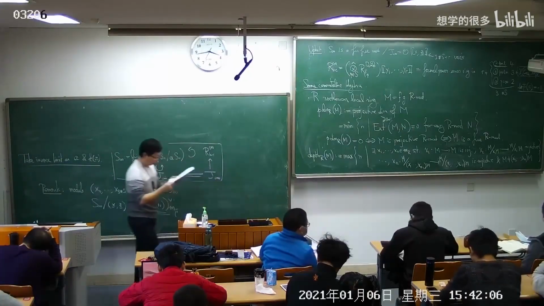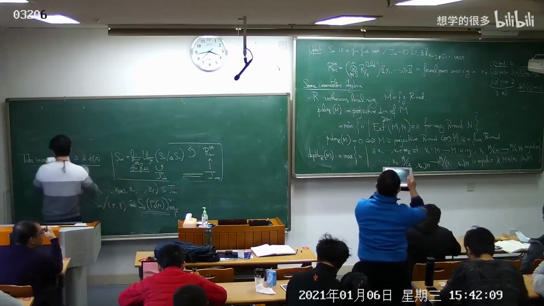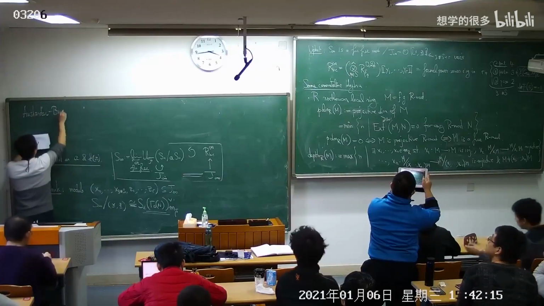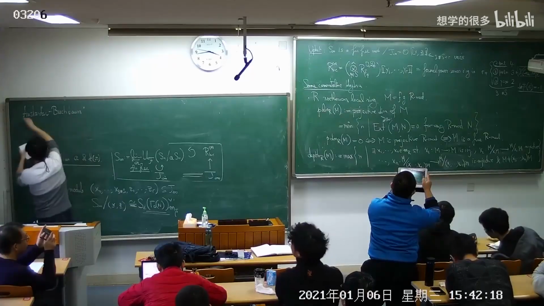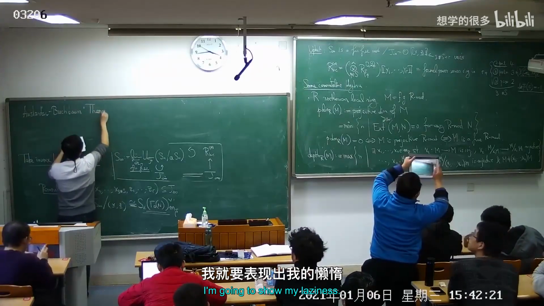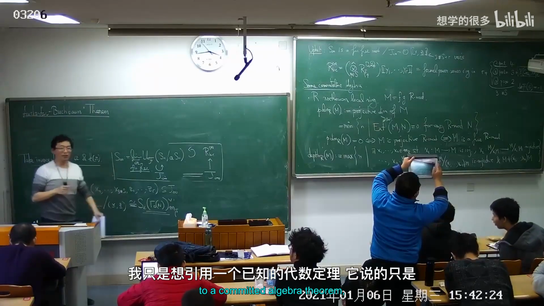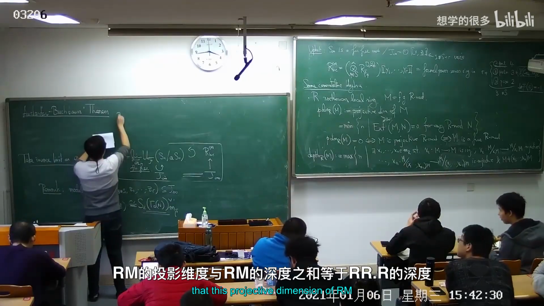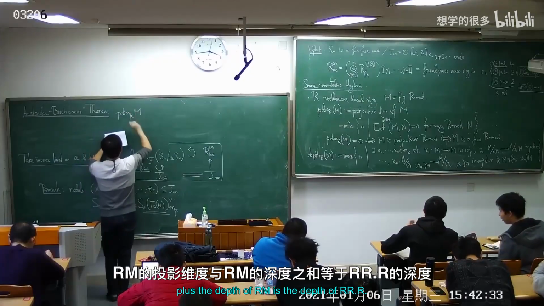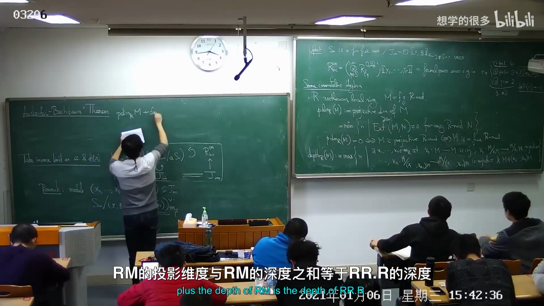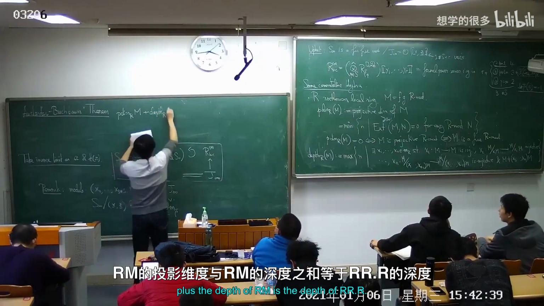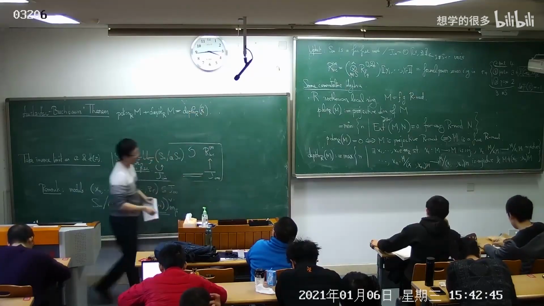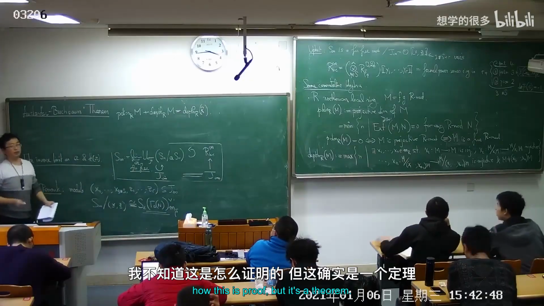Now I'm going to show my laziness. I'm just going to make a citation to a commutative algebra theorem, which says that this projective dimension of M plus the depth of M is the depth of R. Okay, I don't know how this is proved, but it's a theorem.